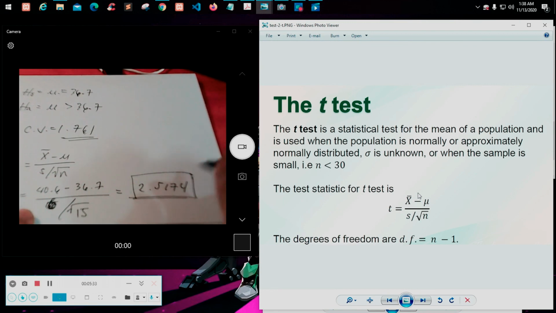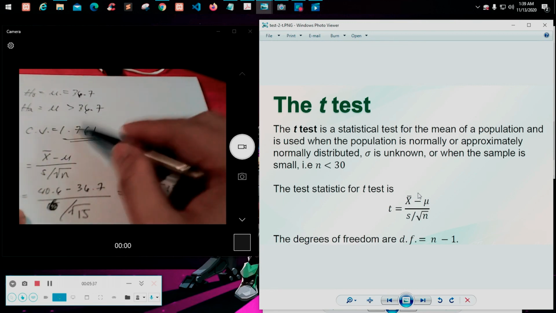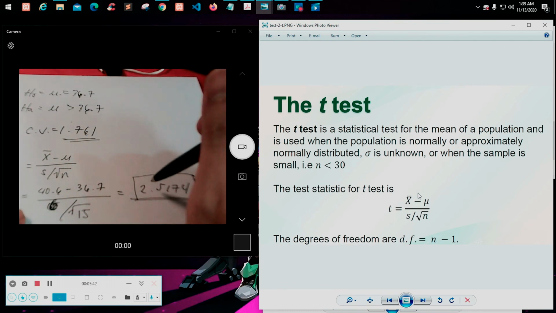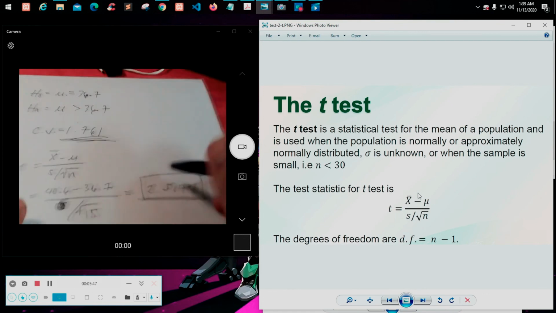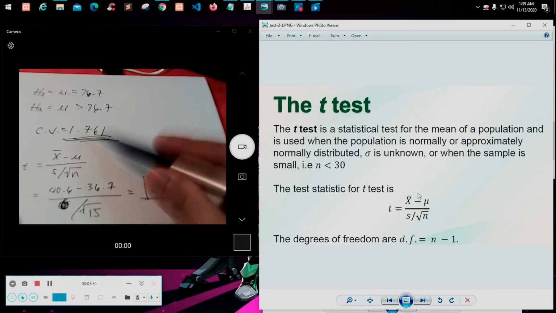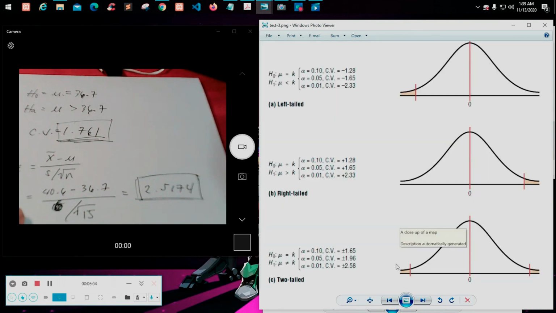So we need to check this one with the critical value. Since right-tailed, it should be greater than the critical value to be rejected. So the obtained t statistic value is greater than the critical value. So it means this is in the critical region. Then we reject the null hypothesis.